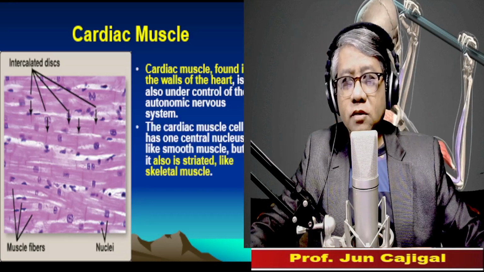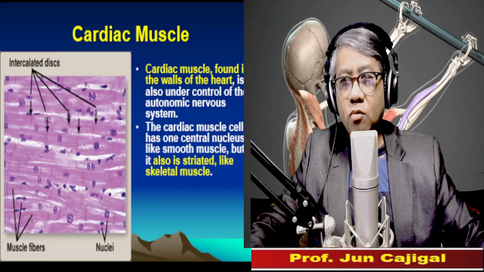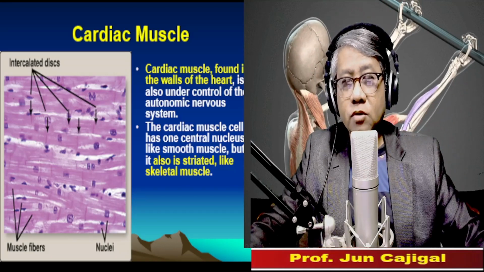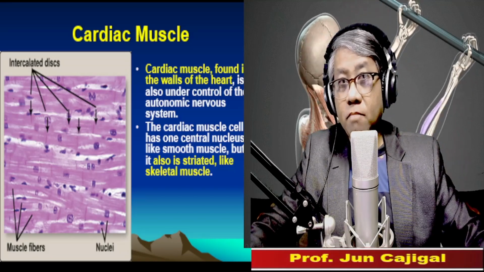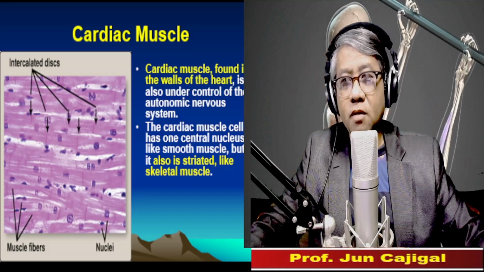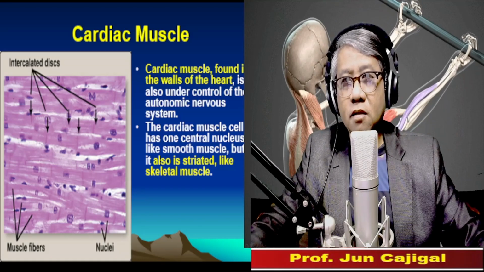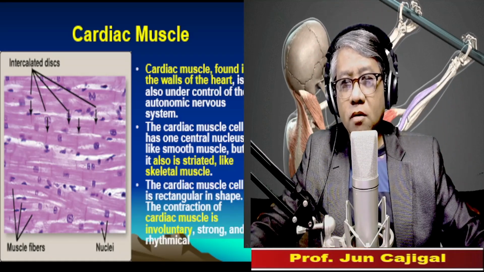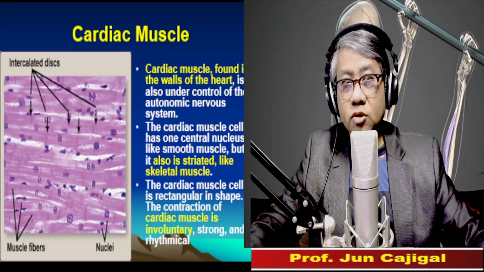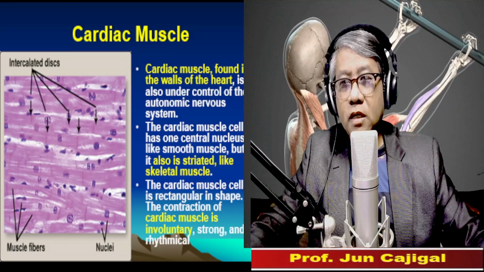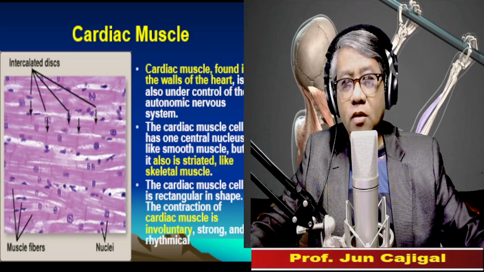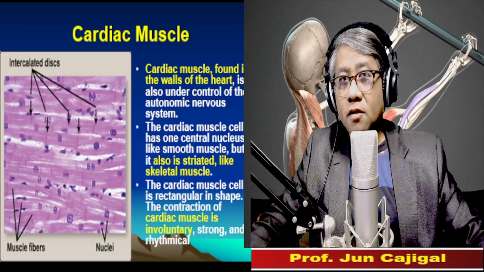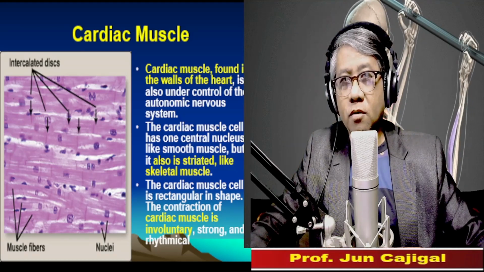The cardiac muscle cell has one central nucleus like a smooth muscle, but also under the microscope, the muscle exhibits a banded or striated appearance like a skeletal muscle. And the cardiac muscle cell is rectangular in shape, and the contraction of the cardiac muscle is involuntary, strong, and rhythmical. So that's the cardiac muscle or the myocardium.